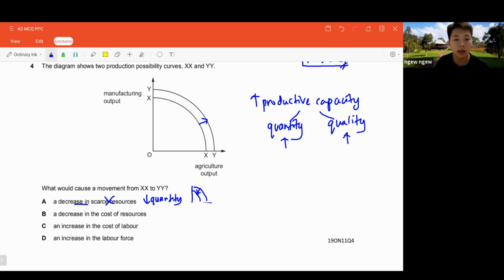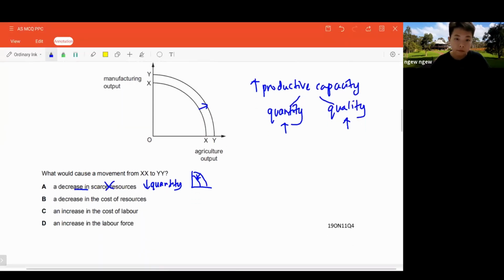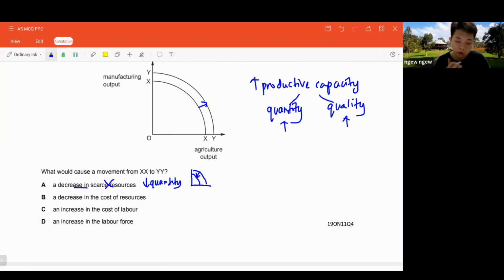Next, a decrease in the cost of resources. If you look at B, a decrease in the cost of resources, it seems like when the cost of resources is now cheaper, we could buy more resources, maybe.